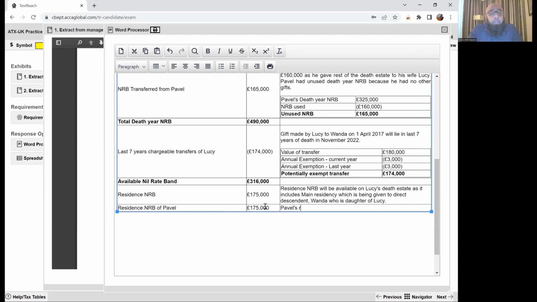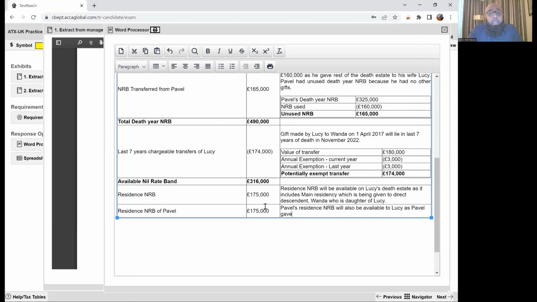Pavel's residence NRB will also be available to Lucy, as Pavel gave the main residence to his wife, Lucy. When you give your main residence to your wife, the residence NRB also gets transferred. So the total NRB now is 316 plus 175 plus 175. So the total nil rate band is 666,000.